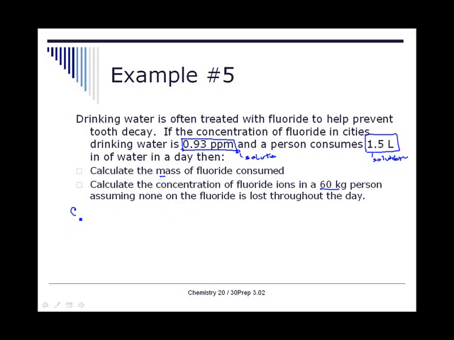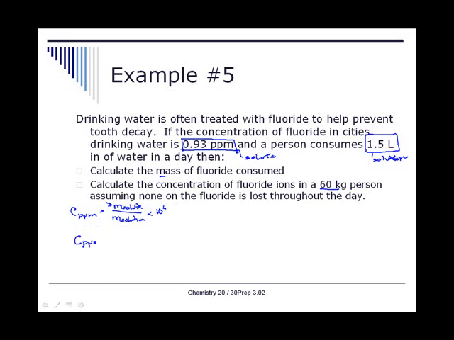So here we have concentration in parts per million is equal to mass of solute over mass of solution times 10 to the 6th. And here we know the concentration and the mass of our solution. So I'm going to isolate the mass of solute, multiply both sides by the mass of the solution.